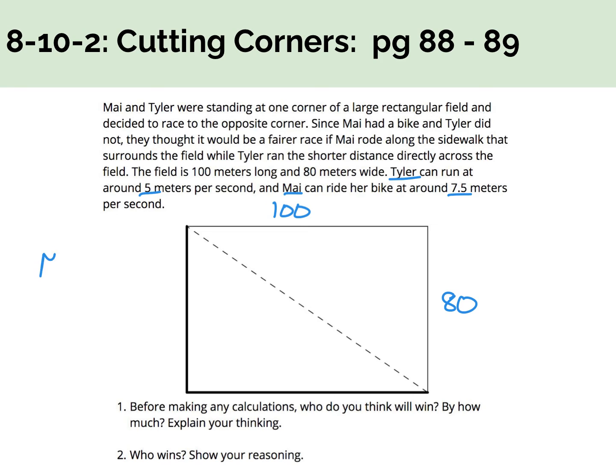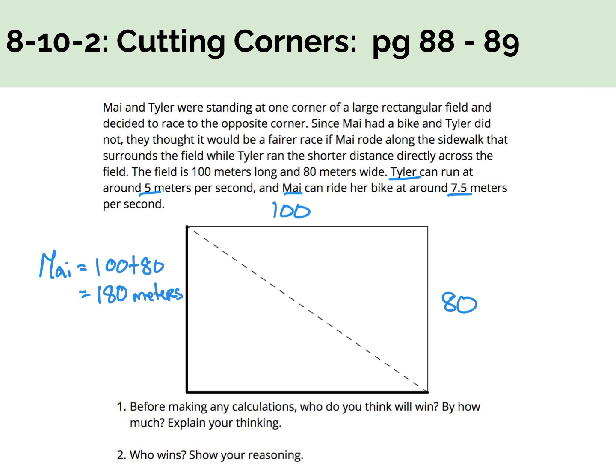So let's look at just Maya. Maya went all the way around. She did 100 plus 80, and so she went 180 meters. Let's figure out her rate, how fast she is going.